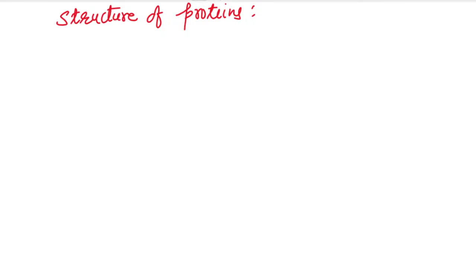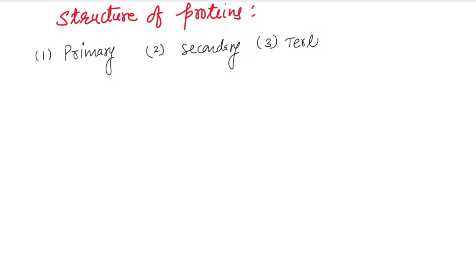So in order to understand the structure, they are classified into primary, secondary, tertiary, and quaternary structures. That is the classification. Each level is more complex than the previous one.